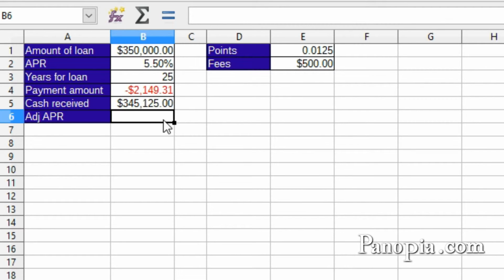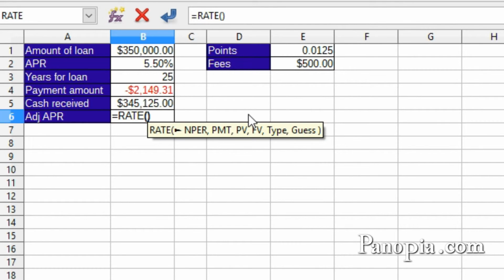Now the adjusted APR can be found using the rate function. Into B6 type equals rate, press enter.